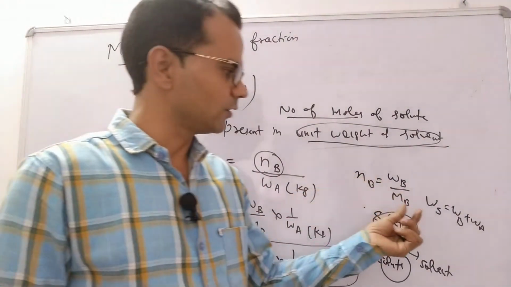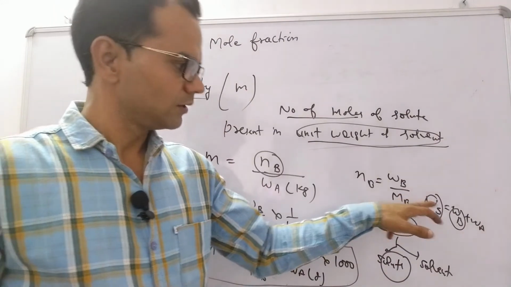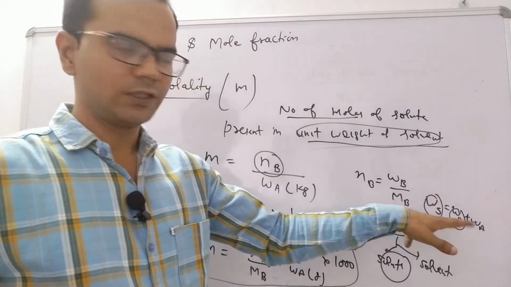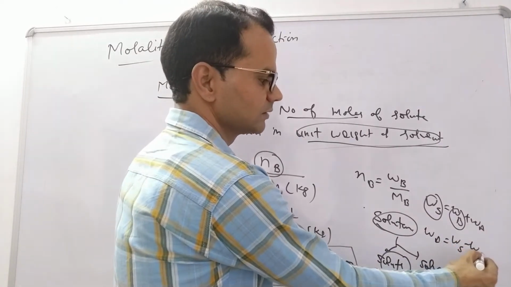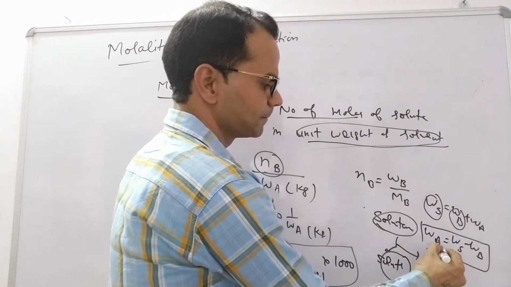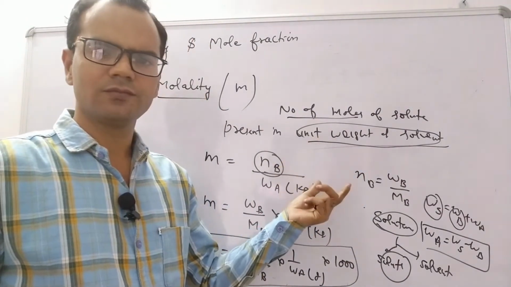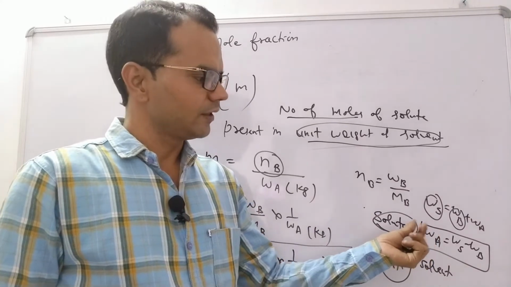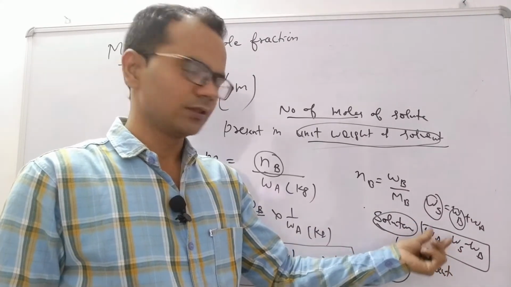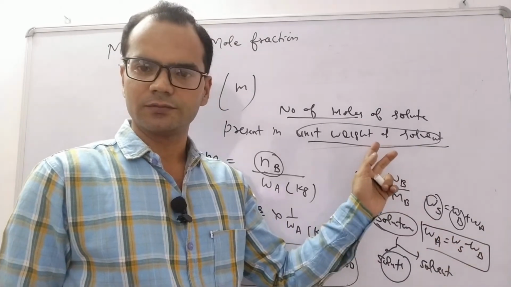If we have weight of solute and weight of solution, then we can find the weight of solvent. So WA equal to WS minus WB. Sometimes volume and density will be given, then we can find the mass of solution, and with weight of solution and weight of solute, we can find the weight of solvent also by using density.